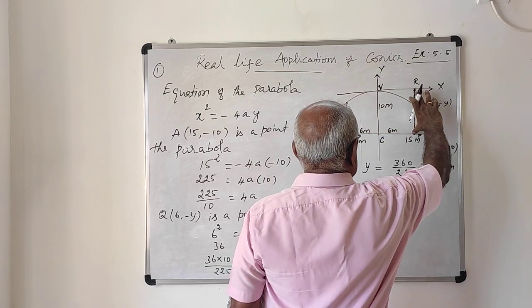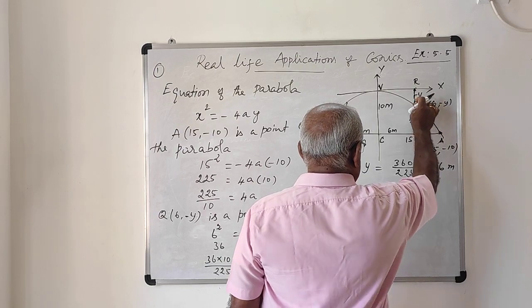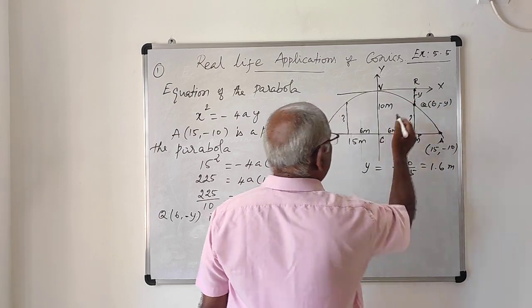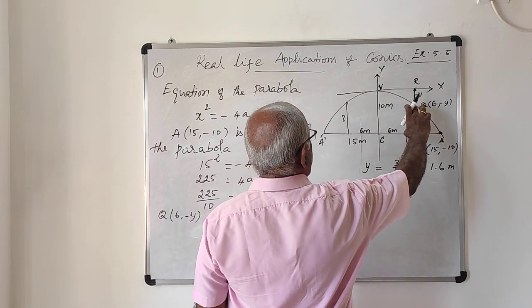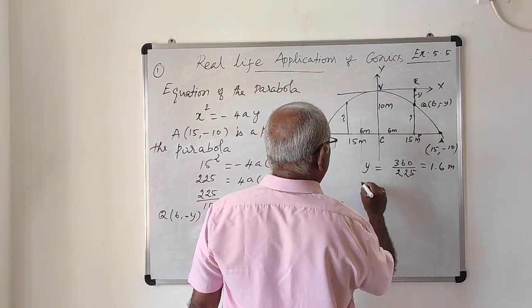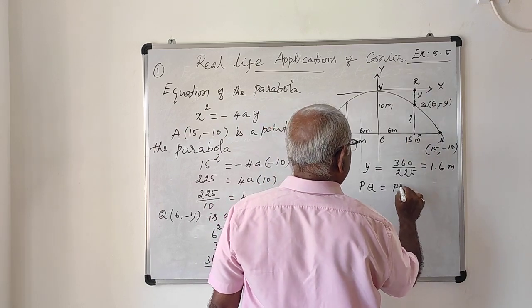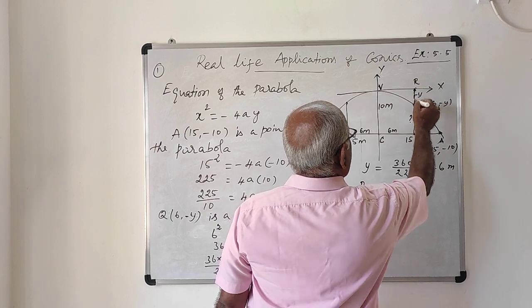Total length is 10. From this you subtract 1.6, and you will get the distance PQ. We want PQ, the height of the bridge 6 meter away from the center. PQ equals PR, the total distance, minus QR.